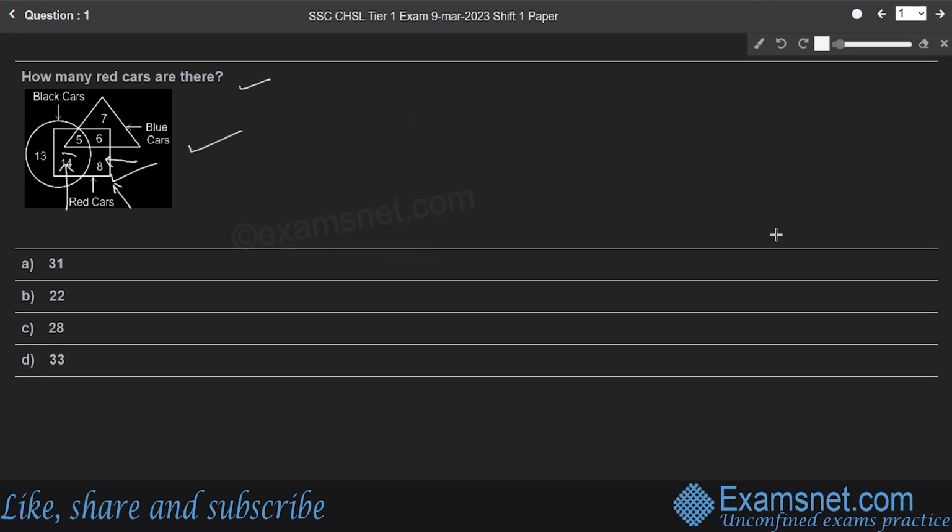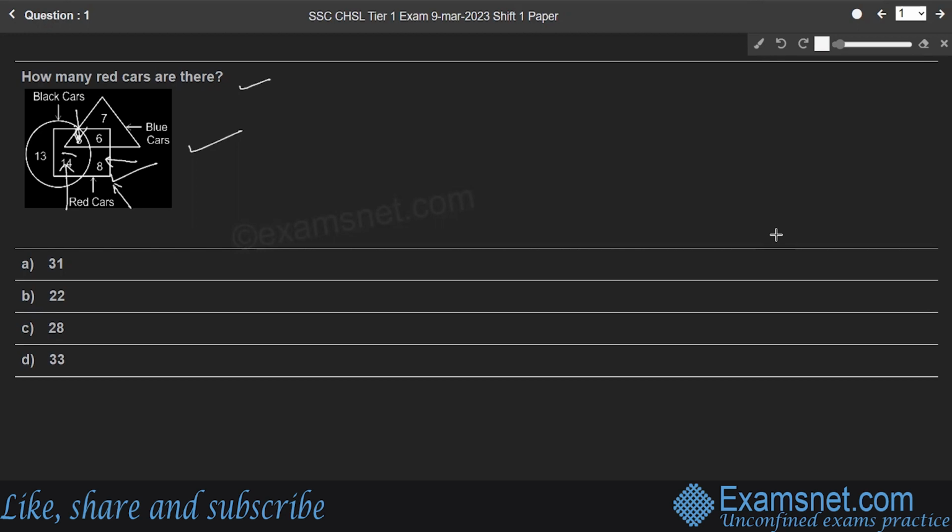Number 6 represents cars which are both red and blue, whereas number 5 represents cars which are all black, red and blue, right? All the colors.